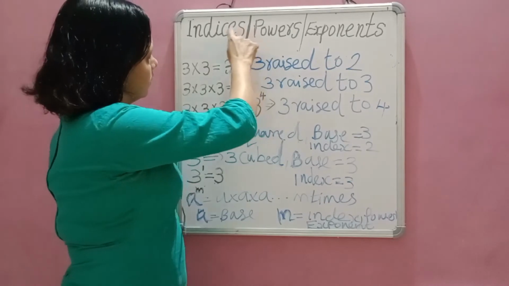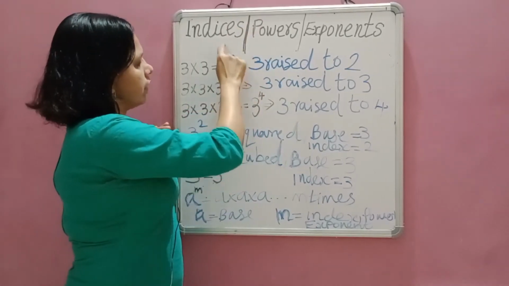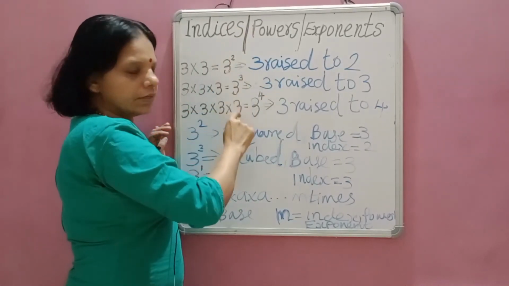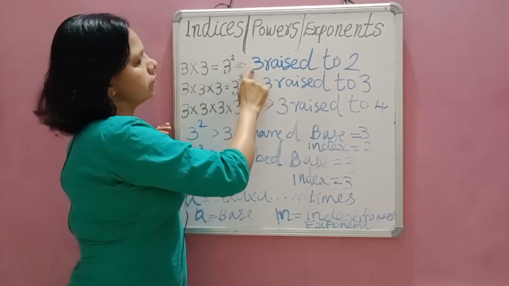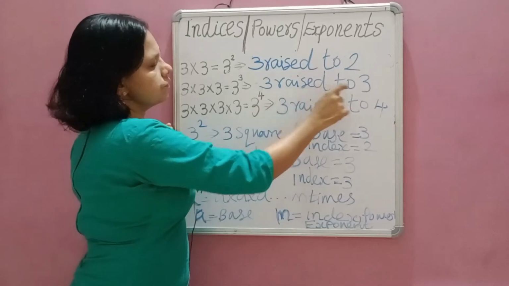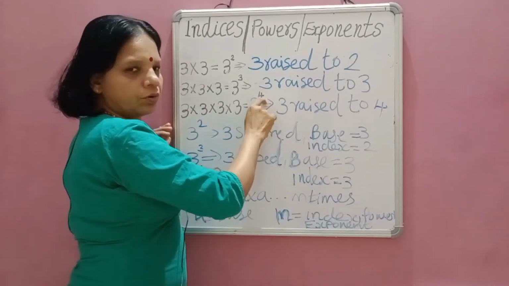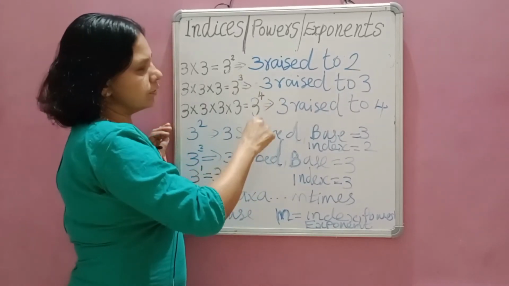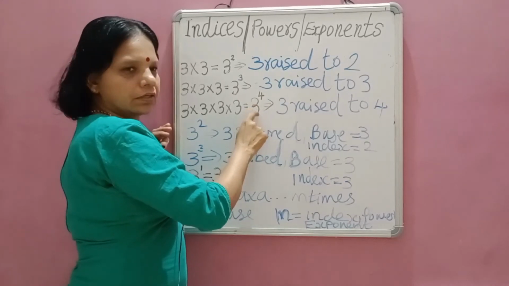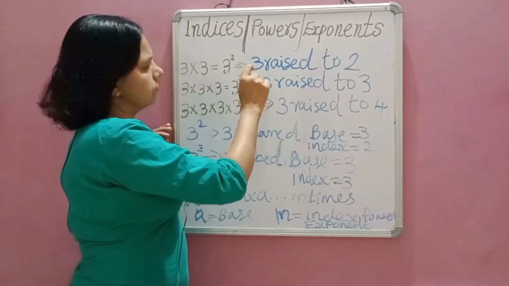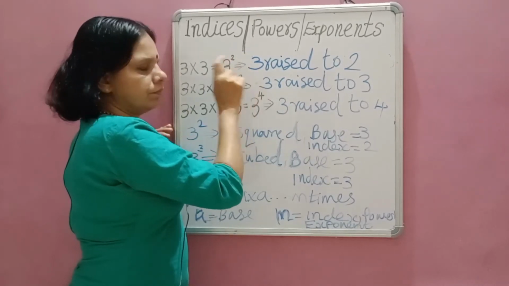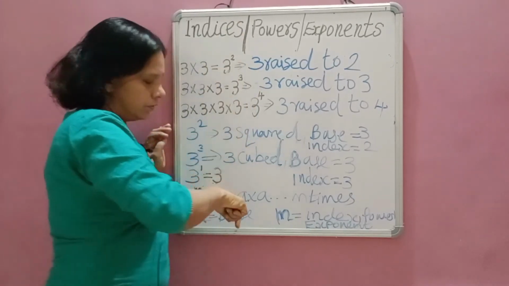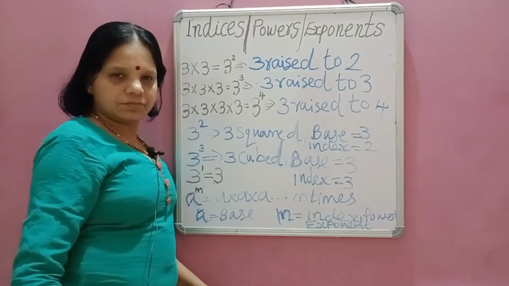All these are examples of indices: 3 square, 3 cube, or 3 raised to 2, 3 raised to 3, 3 raised to 4. They are also read as 3 to the power of 4, 3 to the power of 2, 3 to the power of 3. This form of numbers is called indices.